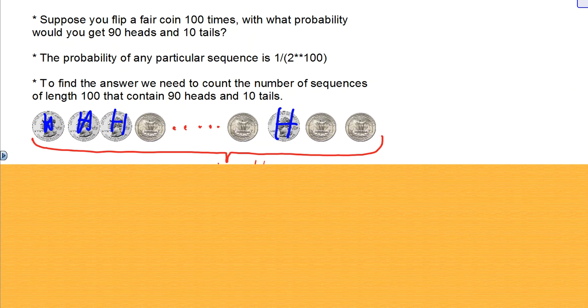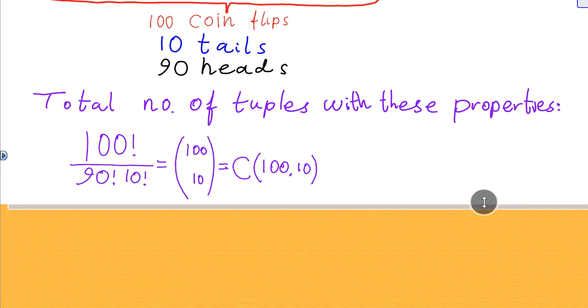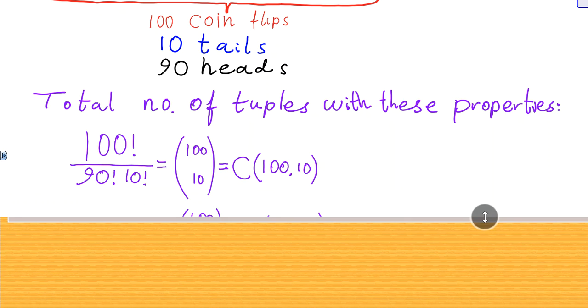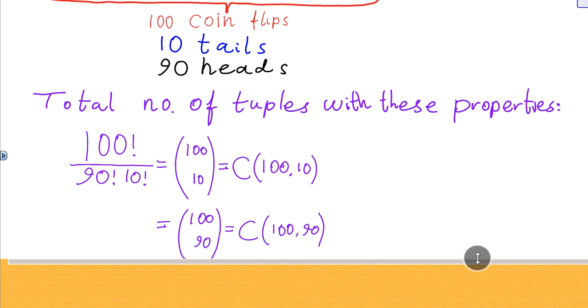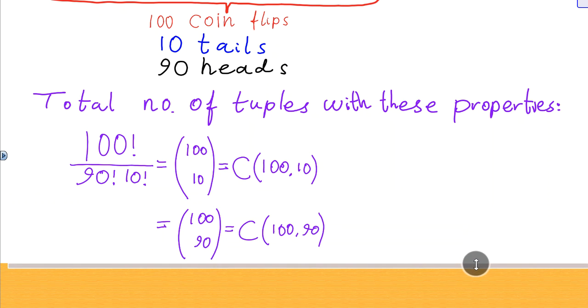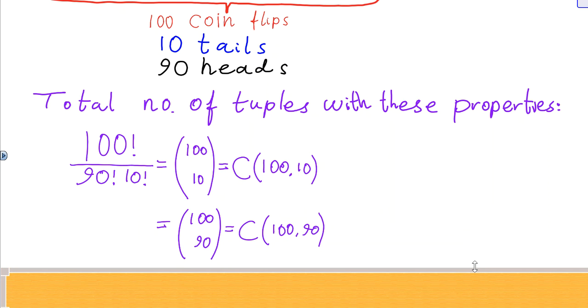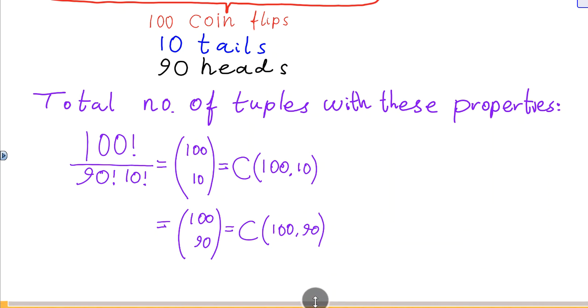We know that the answer for that is 100 choose 10, C(100, 10), which turns out to be the same as 100 choose 90. It gives us the same answer whether we concentrate on the tails or on the heads.